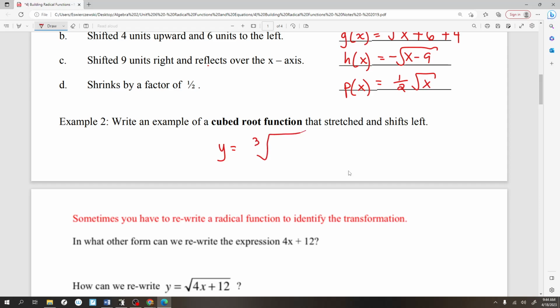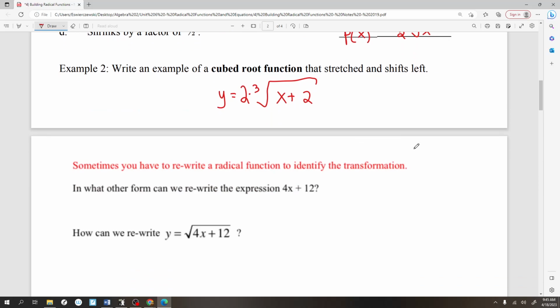So it's shifted left, so it would have to be plus, x plus 2, and it's stretched, so that means there will be an a value that is greater than 1. It doesn't say it's reflected, so we'll just go with 2. So 2 times the cube root of x plus 2. All right.